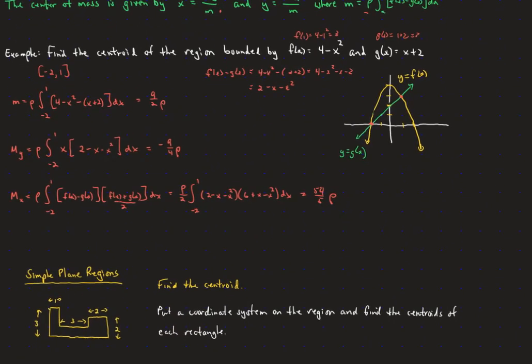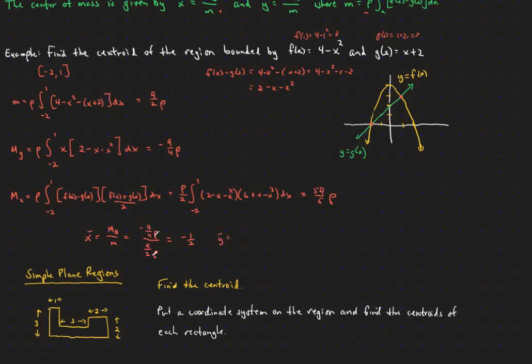So that is going to make our x bar be the moment about the y over the mass. And the moment about the y was -9/4 rho. Our mass was 9/2 rho. So we can see that that density is really not going to matter. That's going to divide out. And so I think that's going to be a -1/2.